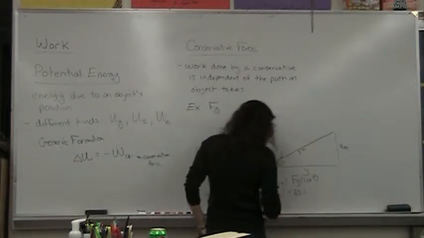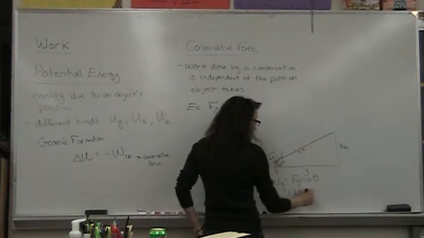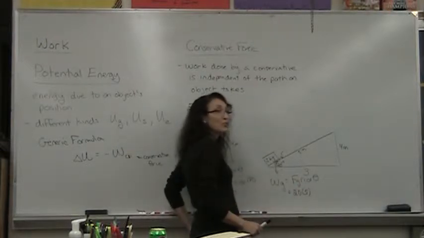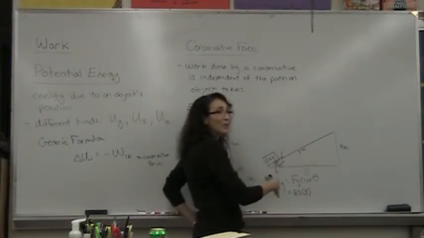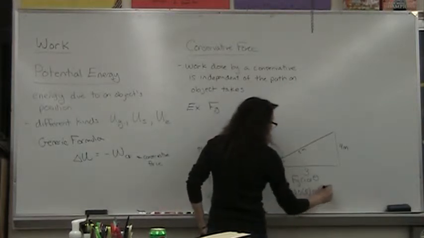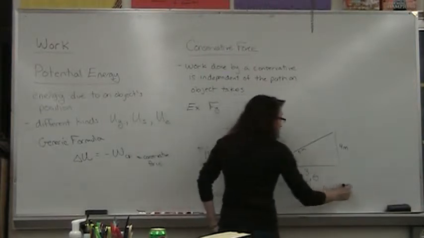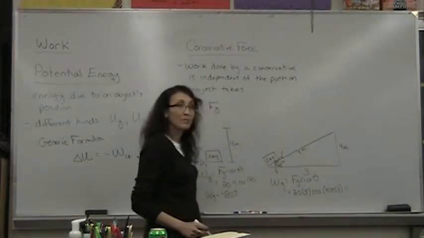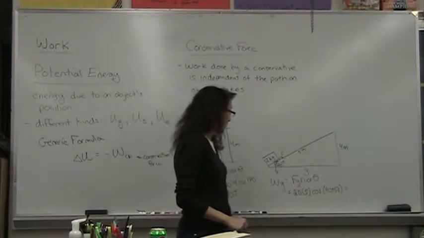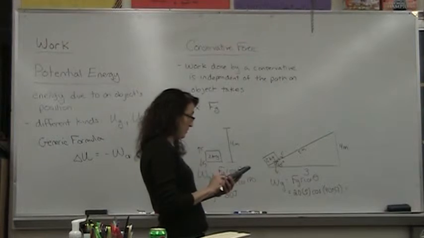Oh, we forgot R. How far am I pushing this thing? Are you using 5? 5, yep, sure. There are different ways to calculate it, but we're going to do that. 20 times 5 times the cosine of 90 plus 53. What do you get when you do that?